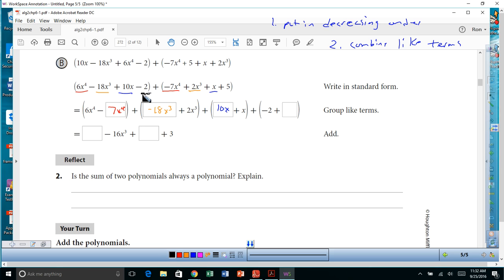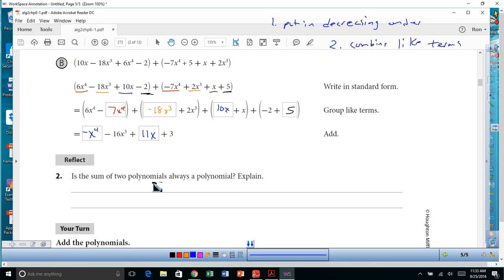And then we got negative 2 plus 5. All right, when we combine these, what do we get? 6 minus 7 is just negative 1, so you got negative x to the fourth. Negative 18 plus 2 gives you negative 16x cubed. 10 plus 1 is 11, so 11x. And then negative 2 plus 5 is 3.